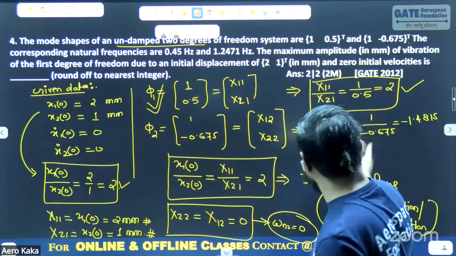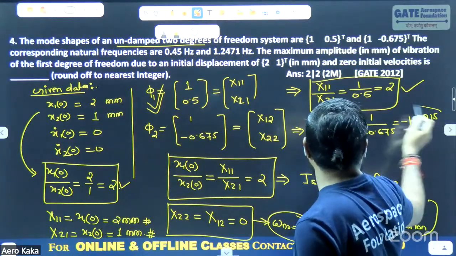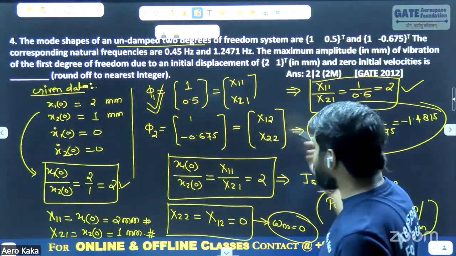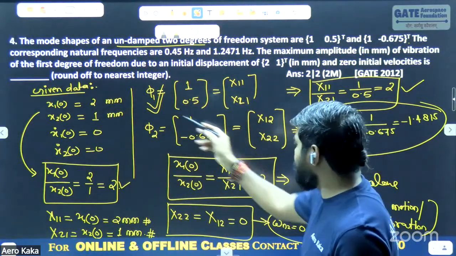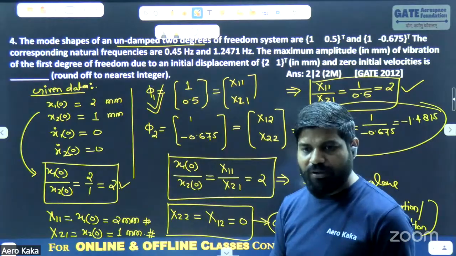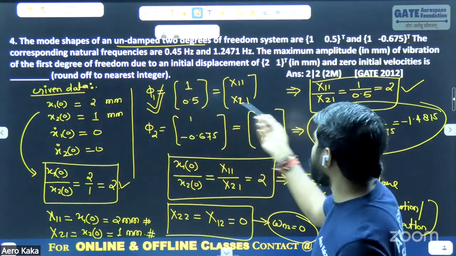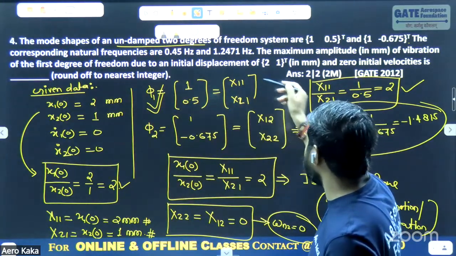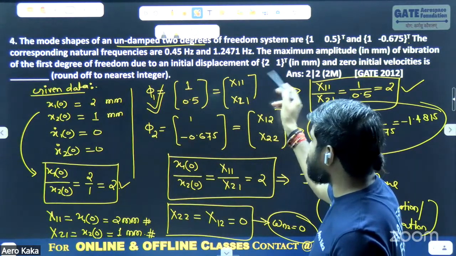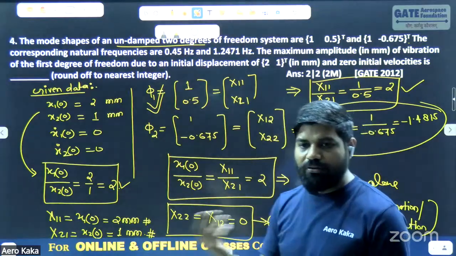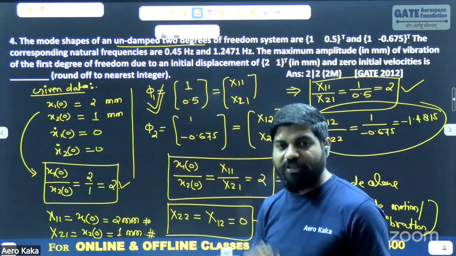Let's say in this question, if it is matching with the second mode, it means that the system is going to vibrate with the second mode frequency only. Means the contribution coming from omega n1 is going to be 0. In that case, you can write x11 is equal to 0 and x21 is equal to 0. That's the meaning of pure mode.